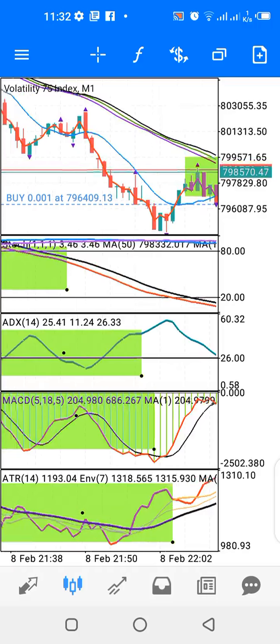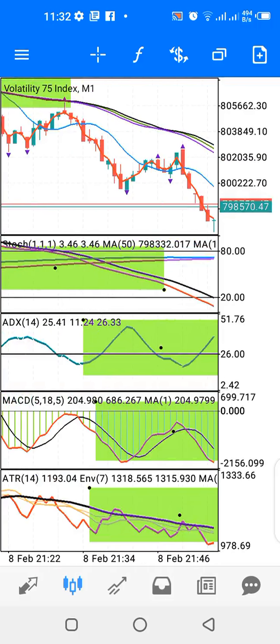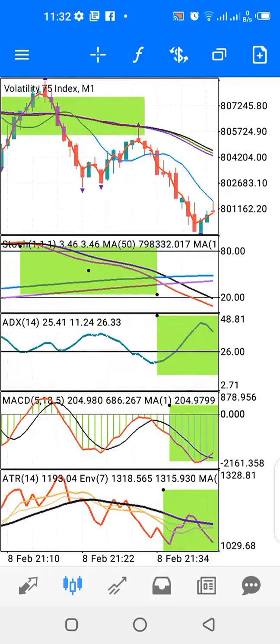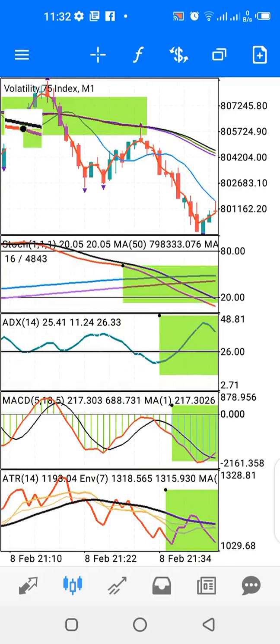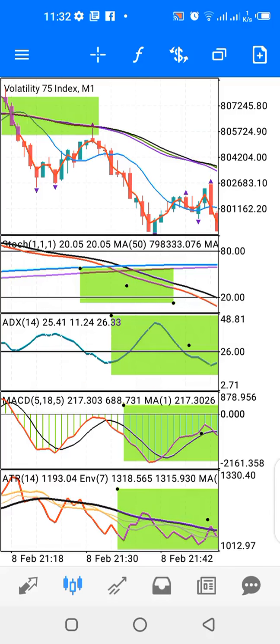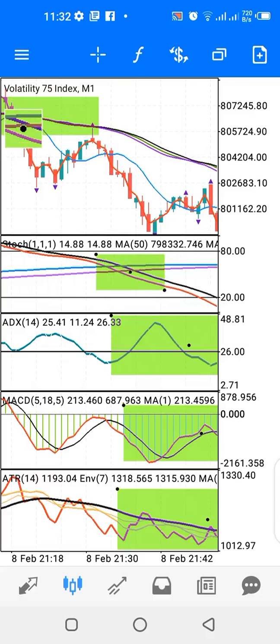Let me expand it. When the red and the black line cross down the blue and the purple line, like we have around here, you have more like a bearish trend development.